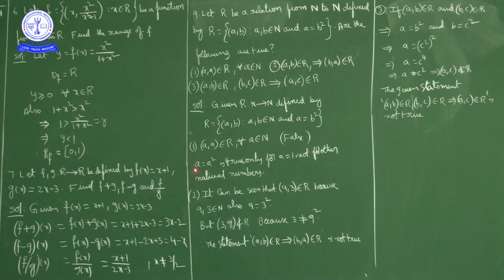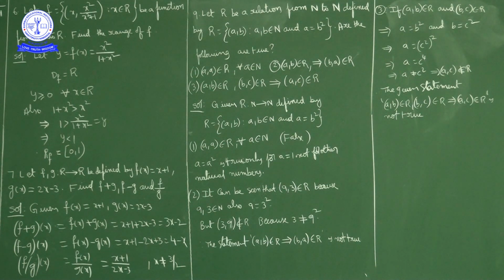Suppose a is equal to 1, 1 is equal to 1 square. But if we consider 2 equal to 2 square, 2 is not equal to 2 square, no? So this given condition (a, a) belongs to R is true only for a equal to 1, not for other natural numbers.